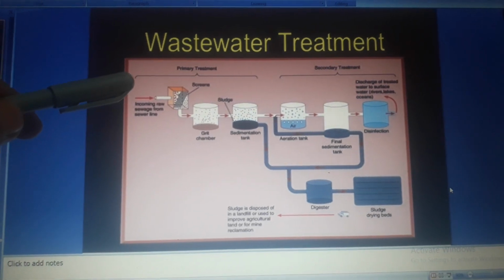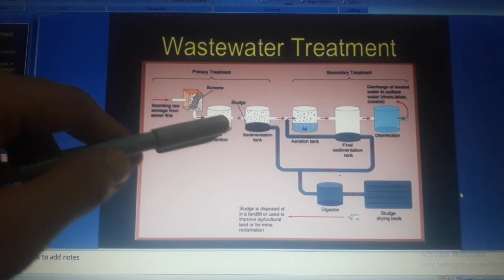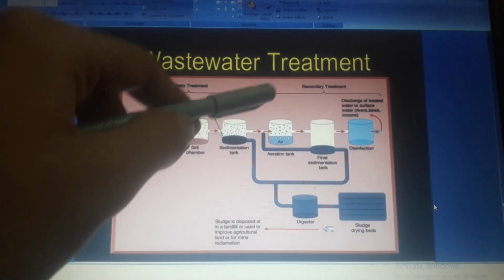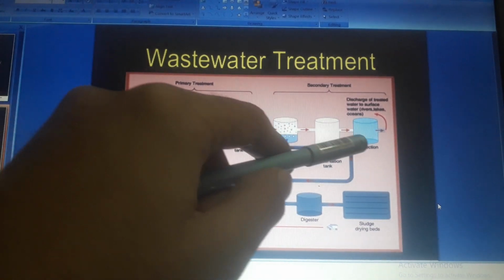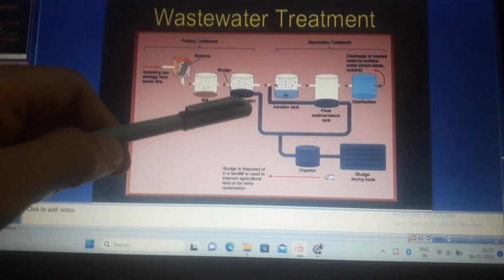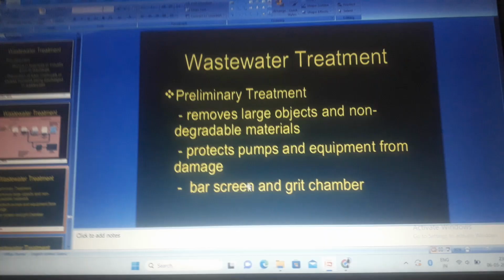Note here: from incoming raw sewage from the sewer line to the sedimentation tank is the primary treatment. From the aeration tank to disinfection is the secondary treatment.